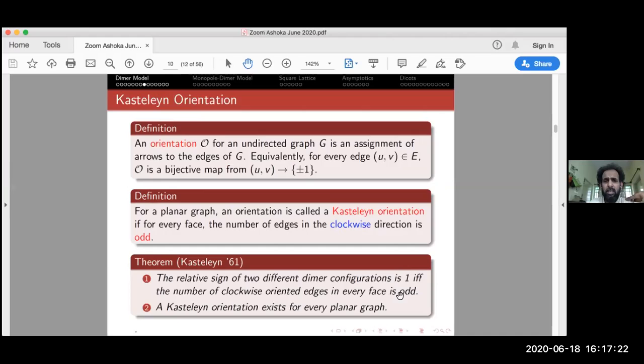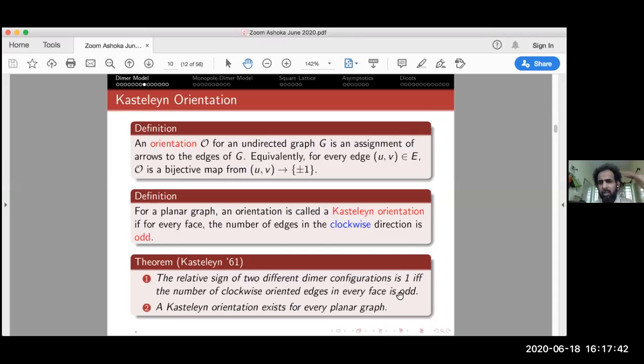So first, let me define what an orientation is. The orientation for an undirected graph is just a way of assigning arrows to the edges. You can assign it any which way you like, and that would be a valid orientation.